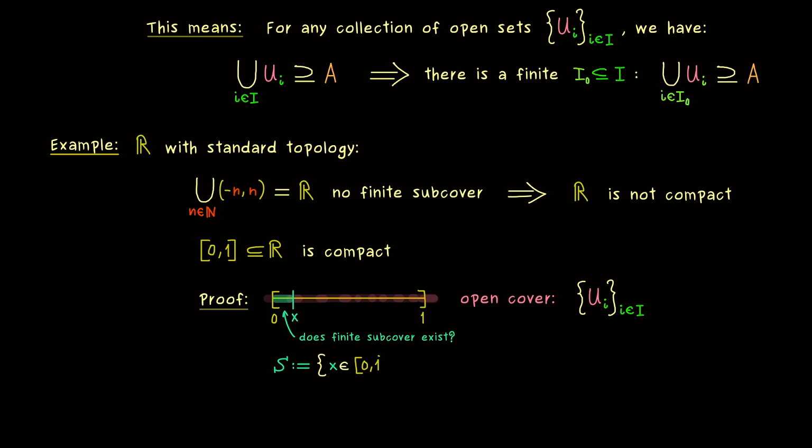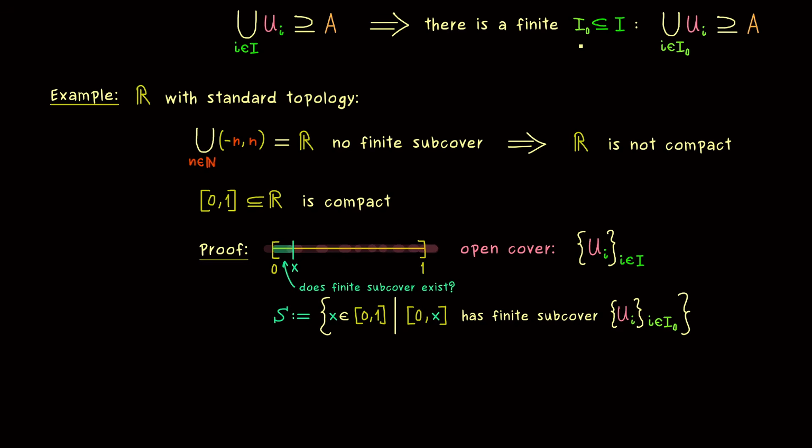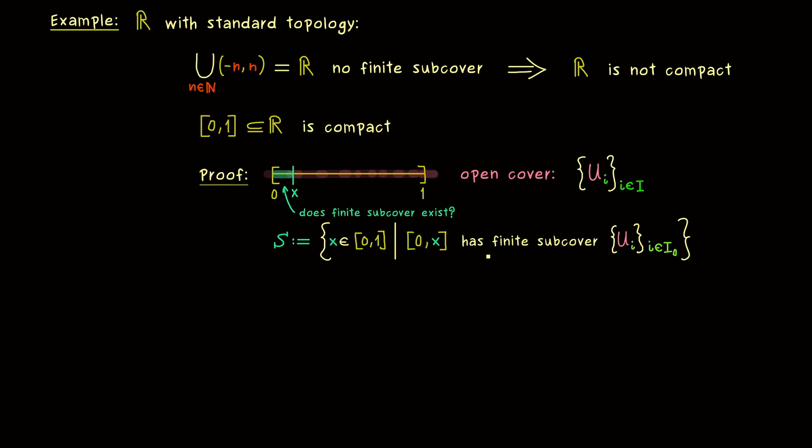So x lies between 0 and 1, and we want that the interval from 0 to x has a finite subcover. And at this point you already know, this just means that we only need finitely many sets U_i that cover the whole interval. And the common way to do that is to write i in I0, where I0 is a finite subset of our index set I.